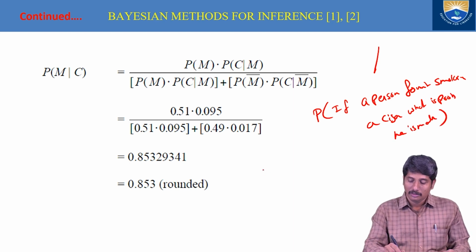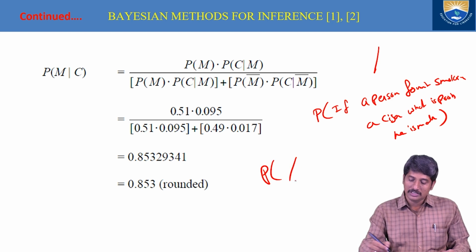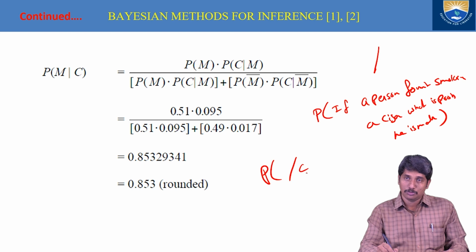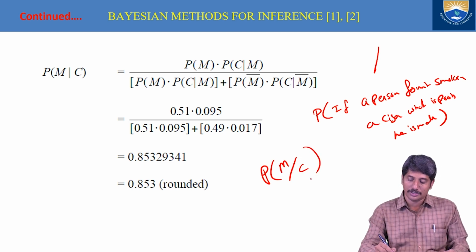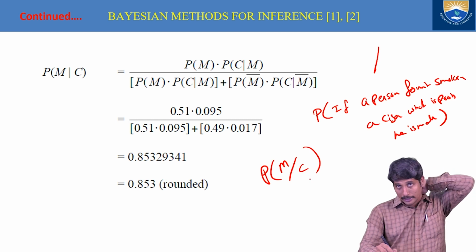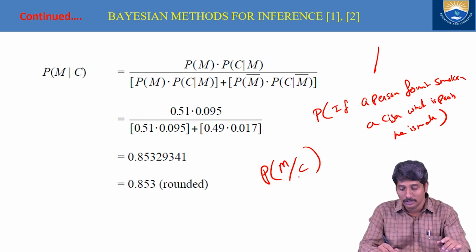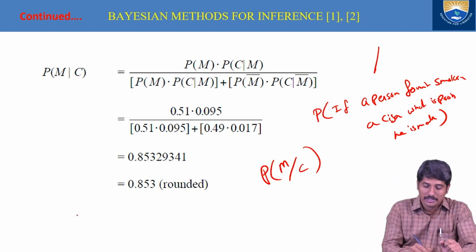Here it is given that he is smoking, so we can write that C has already happened. The condition is cigar smoking, and the probability we want to calculate is that he is a male. So P of M given C.